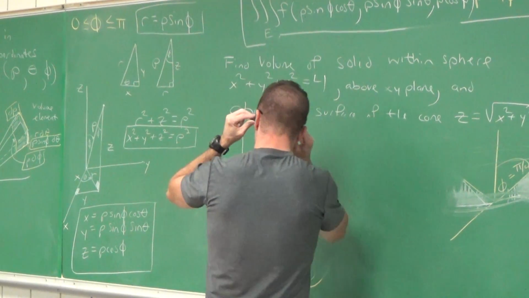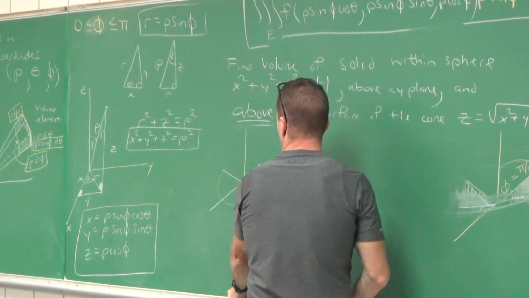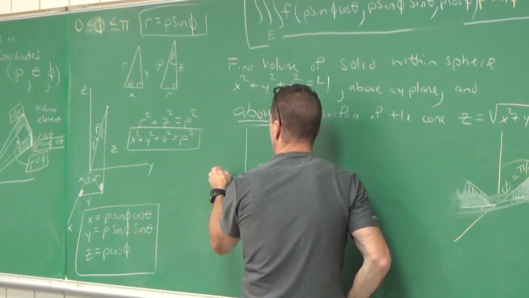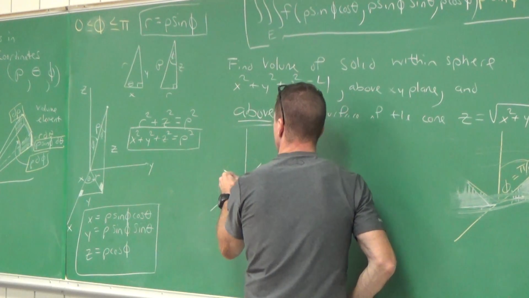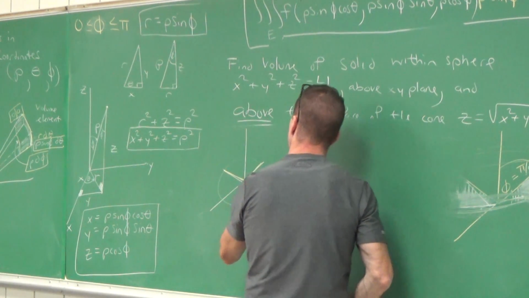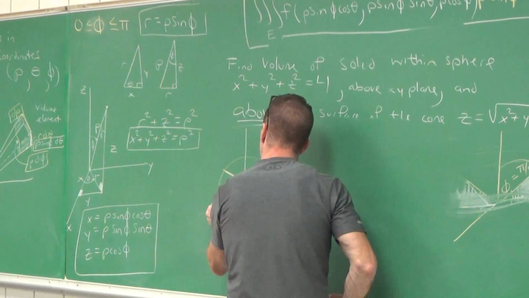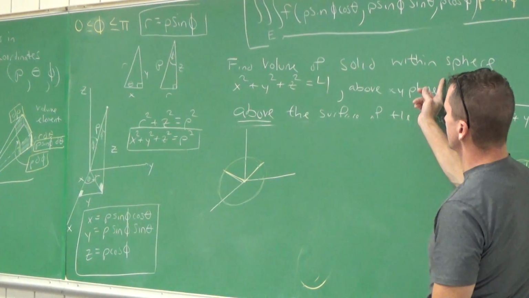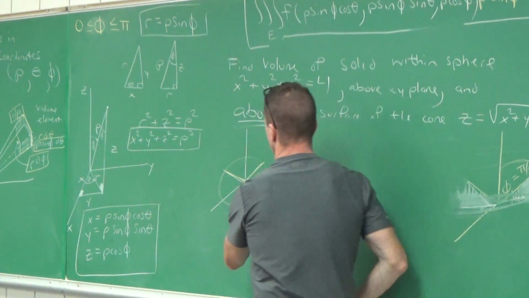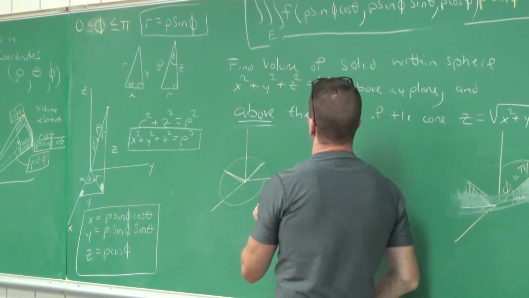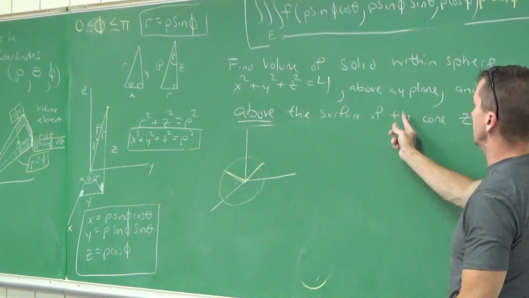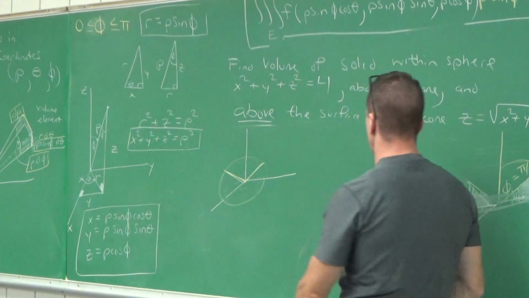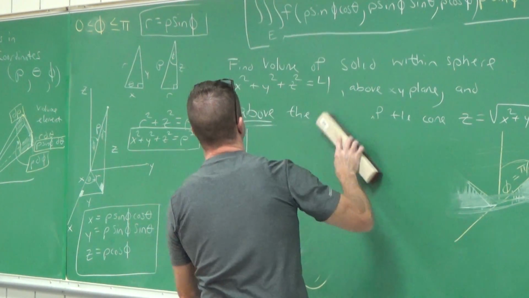There's my cone. And where am I shading? Within the sphere, here's the sphere, above the xy plane and above the surface of the cone.